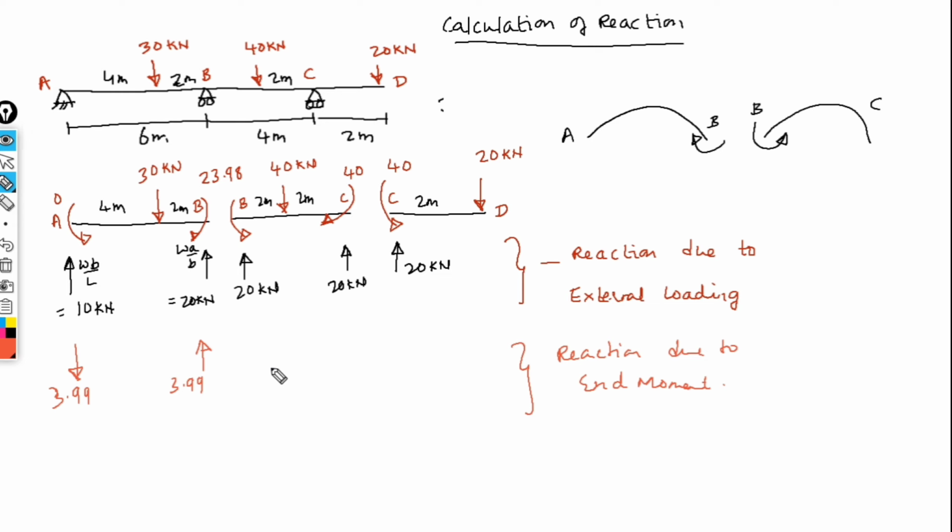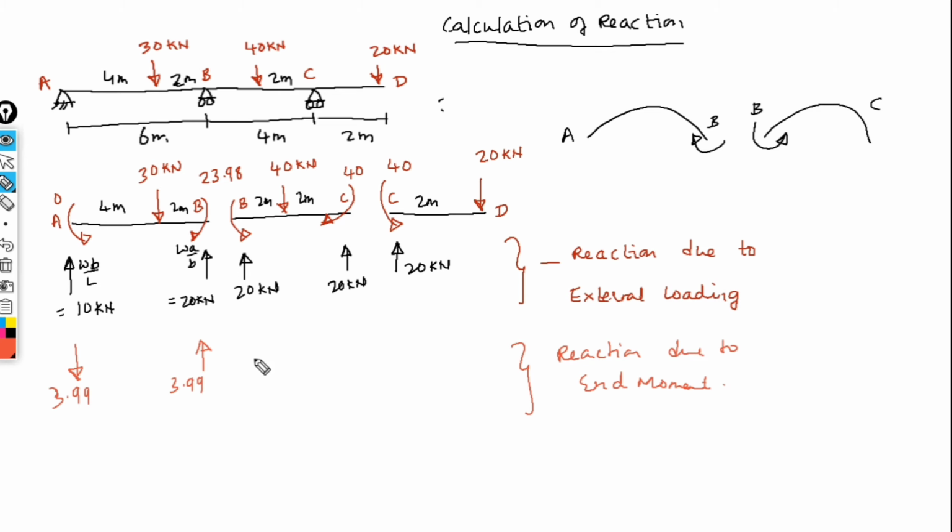Here you see we have two end moments, 23.98 and 40. 23.98 is anti-clockwise and 40 is clockwise. Since 40 is maximum, we have to see the sign of 40 kilonewton meter. Accordingly, we have to develop the sign of the reaction.